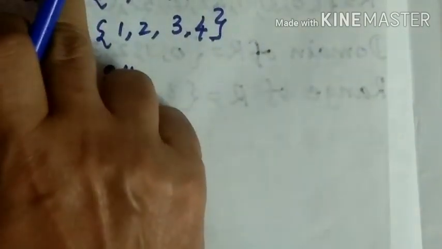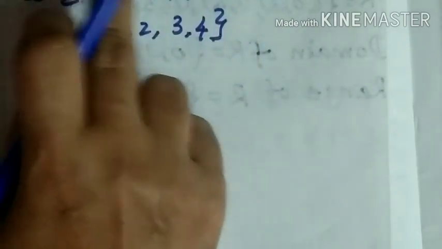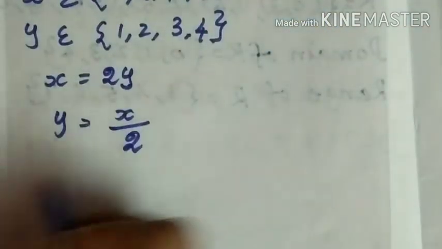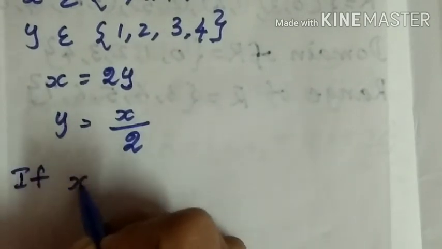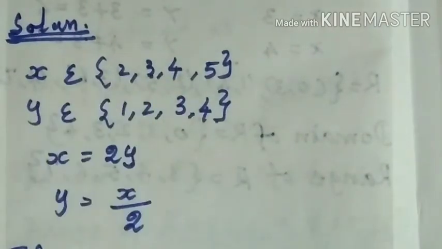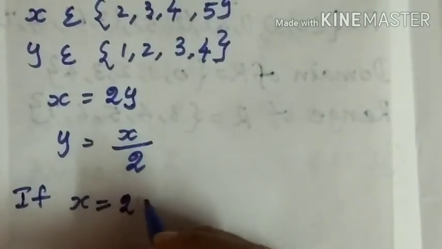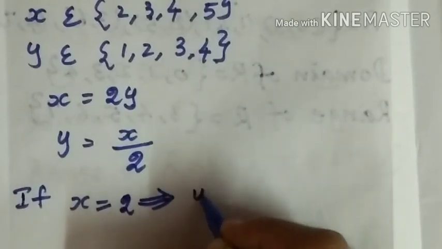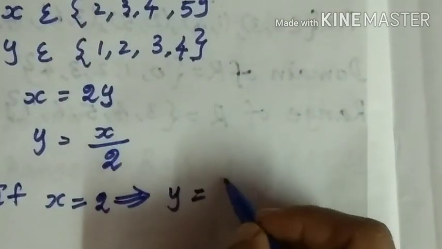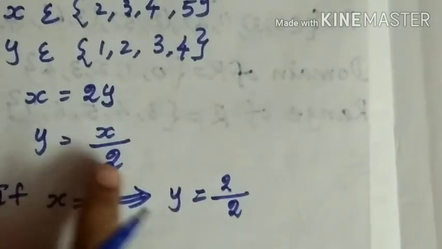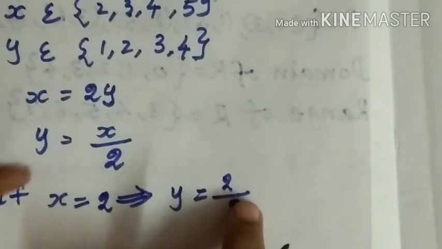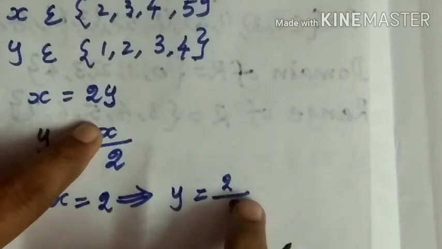See, in an ordered pair, every x belongs to the x set and every y belongs to the y set. So if x is equal to 2, the first element, then y is equal to 2 by 2, that is the y term x by 2. So you apply 2 instead of x.